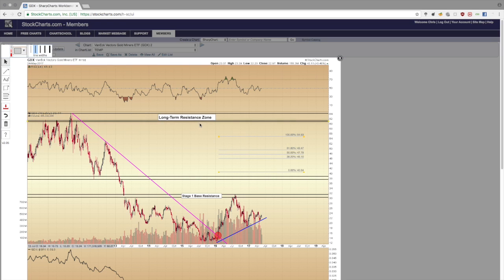You can see, for example, the stage 1 base resistance level here. You can see how clear and how important that was relative to this high from 2013, right? 3 years later, that same level tested and rejected again. So in my opinion, these horizontal levels, these trend lines are some of the most important tools.